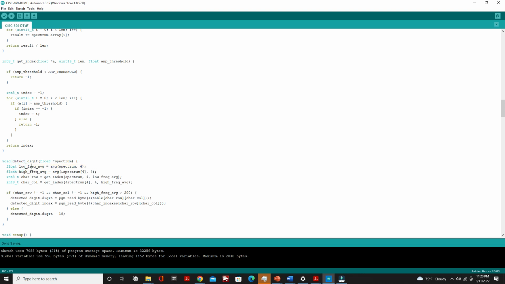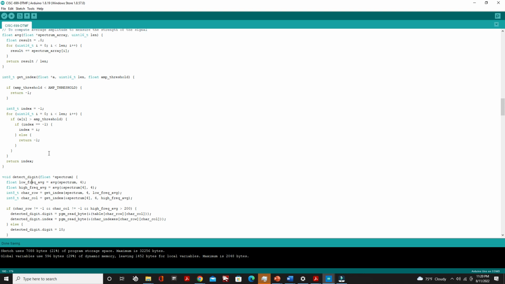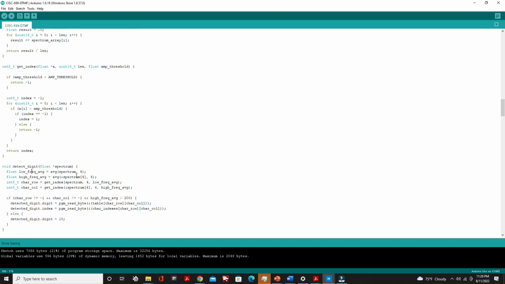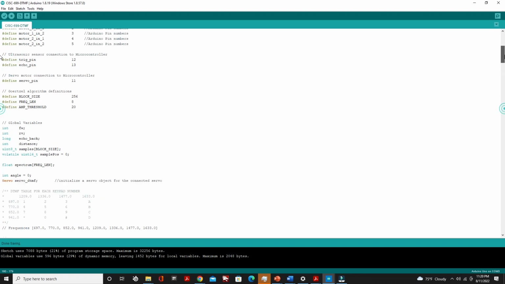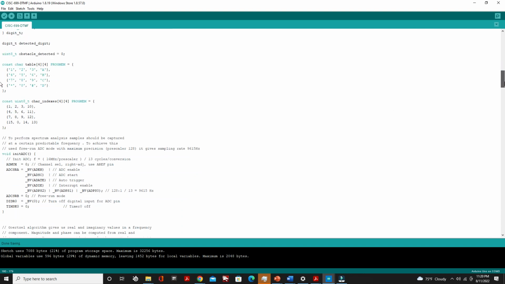The lower frequency average corresponds to the average of all 4 lower frequency components, and the higher frequency average corresponds to the average of the 4 higher frequency components, and we get the index of the frequency component so that we can map it with the table I have created above to store the actual digit which has been transmitted by the user.